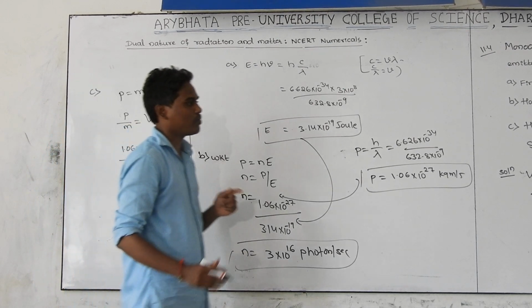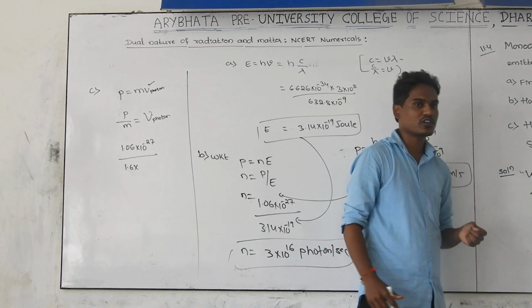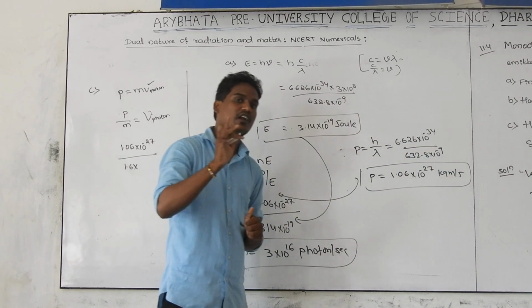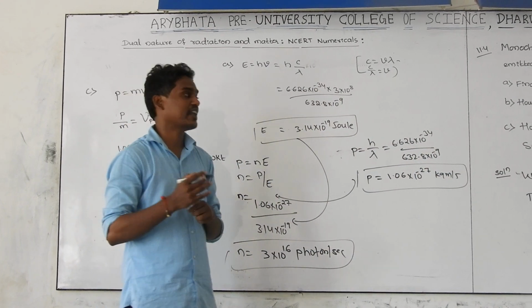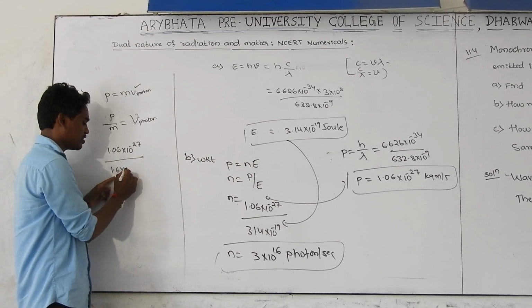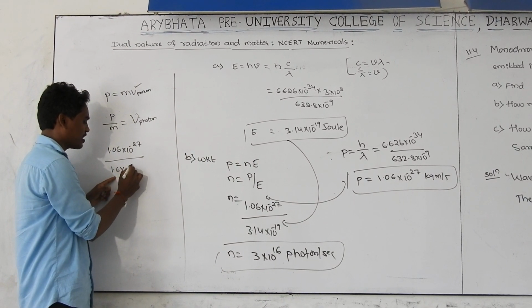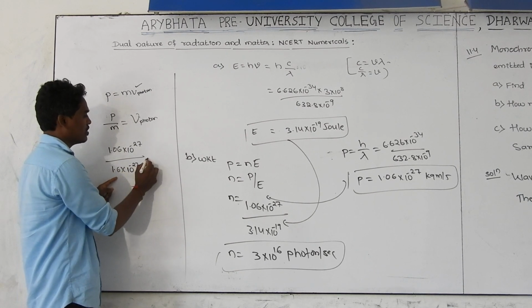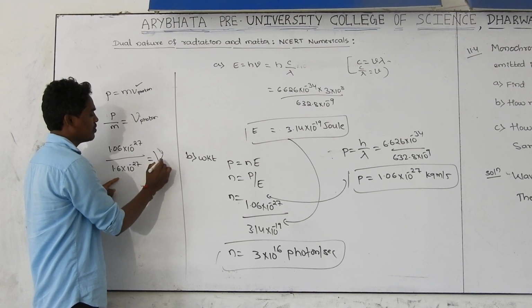Mass of photon or mass of hydrogen both are same, because hydrogen has only one proton, one electron. That's why mass of hydrogen or mass of proton is 1.6 into 10 to the power of minus 27. This is equal to velocity of photon.